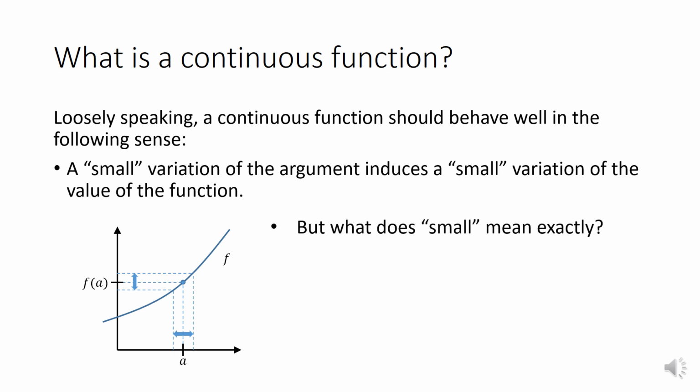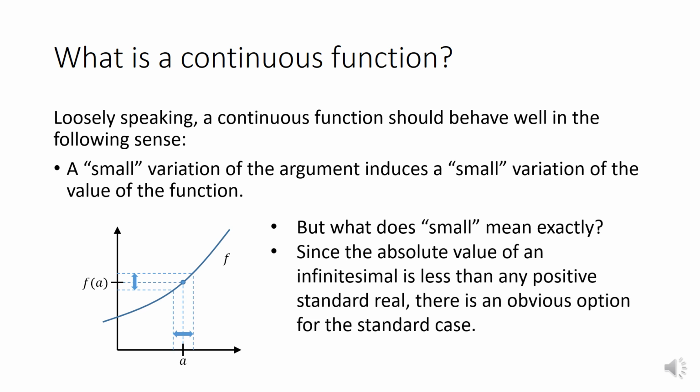But what does small mean exactly? Since the absolute value of an infinitesimal is less than any positive standard real, in particular less than a half, a third, a quarter, and so on, there is an obvious option for the standard case.